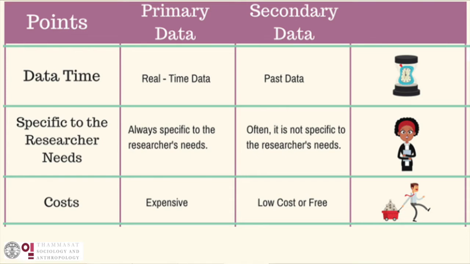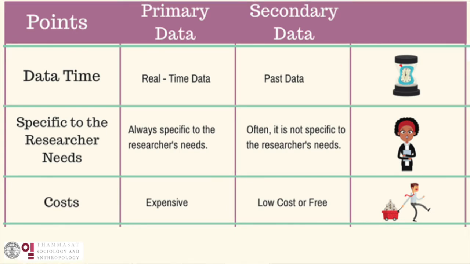In terms of time, primary data is in real time. This is brand new, something you've done yourself in the last few days, weeks, months or years. This is different from secondary data, which is sometimes current, but often we refer to secondary data published a lot earlier.